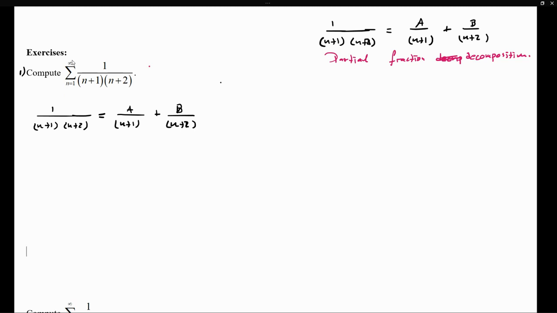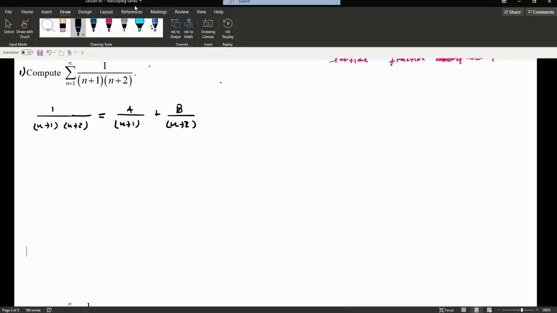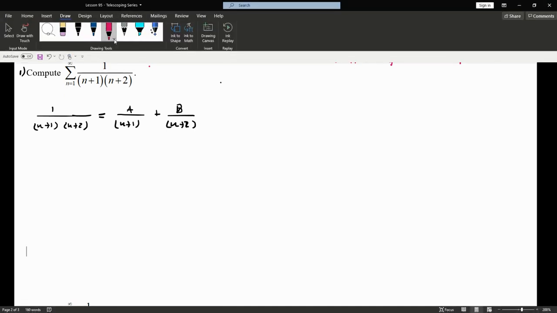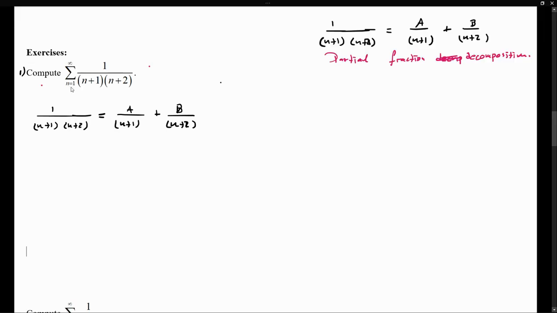So this is our setup for partial fraction decomposition. If you recall the process, the first thing I want to do is multiply by the denominator of the given. So I'm going to multiply n plus 1 times n plus 2 on both sides.